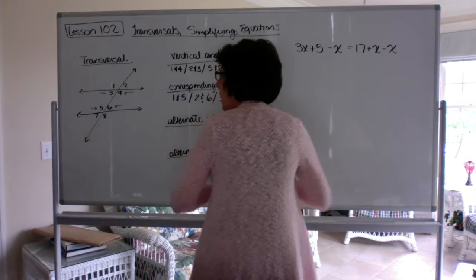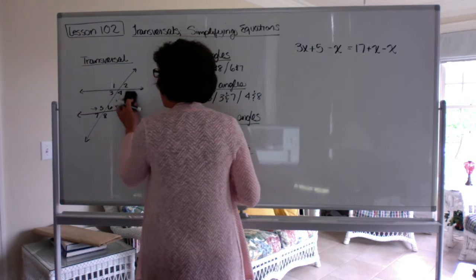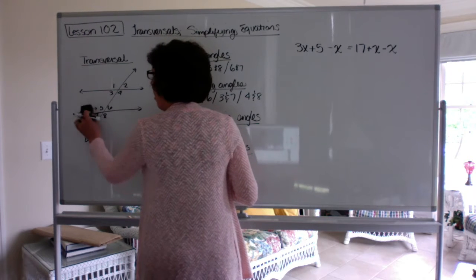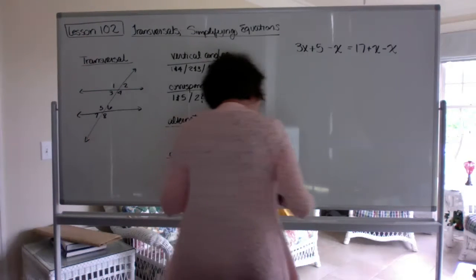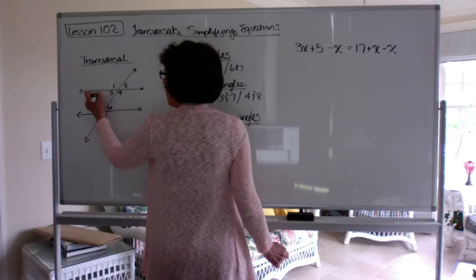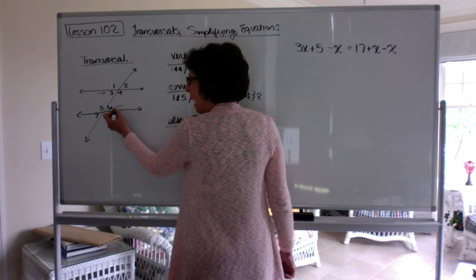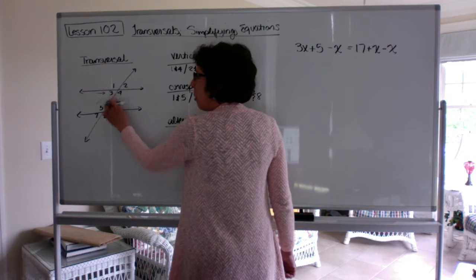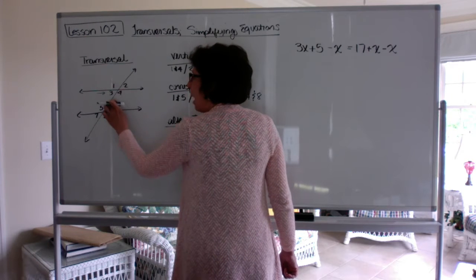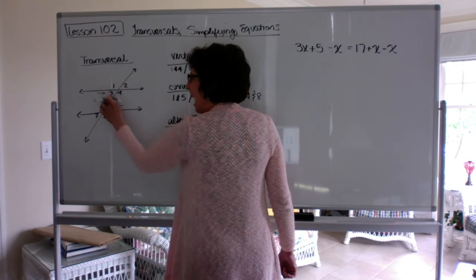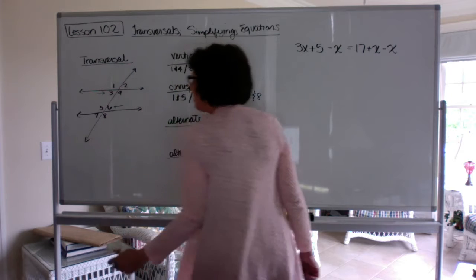We've identified our 4 interior angles. For them to be alternate, they have to be on opposite sides of the transversal line.